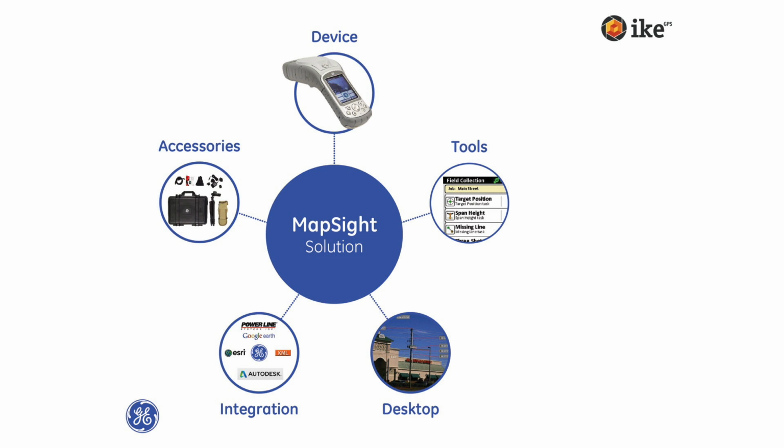So what is the solution? It's a combination of an all-in-one device, along with specialty tools for the utility market and for remote asset location and measurement, combined with a desktop application that allows you to then ingest the data collected into these integrated environments.